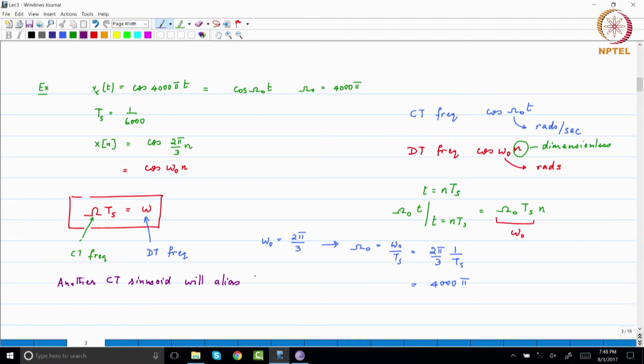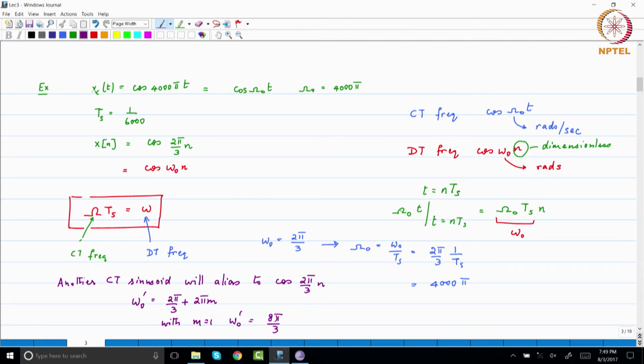That will alias to cosine 2 pi by 3 n. I think we already wrote down the answer. I just thought I would highlight that. So, this is a case where omega naught prime, we will write it as 2 pi by 3 plus 2 pi m. We chose m equal to 1. So, with m equal to 1, omega naught prime will be 8 pi by 3.